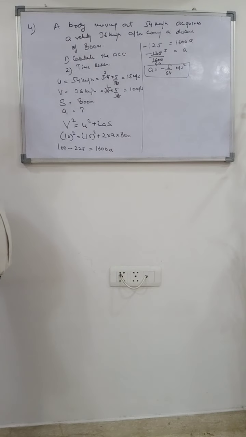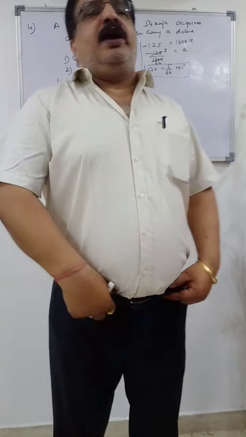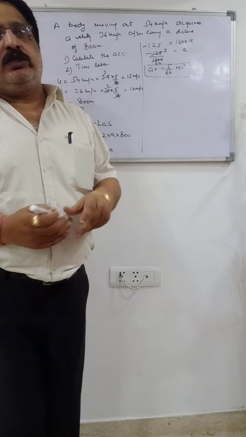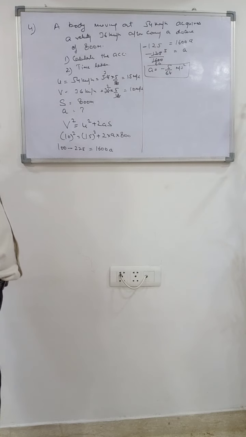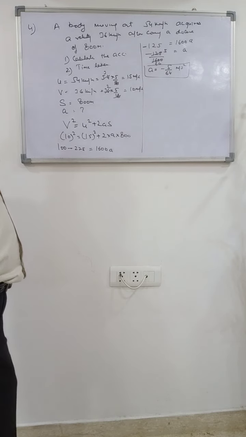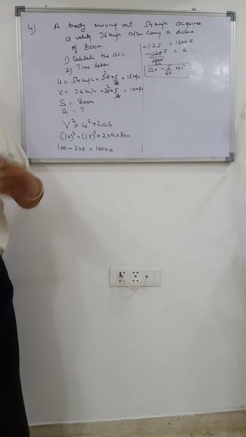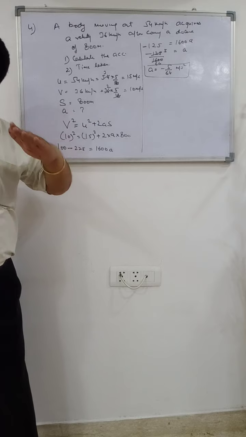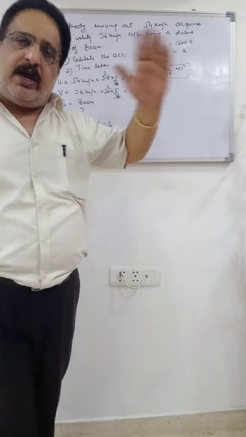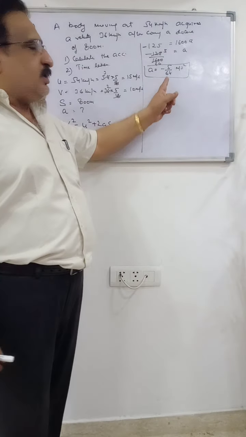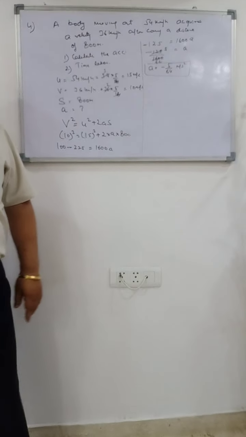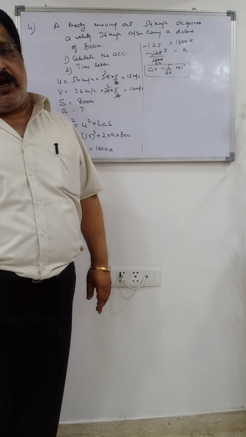Minus sign indicates that the acceleration is negative. That means the velocity of the body is decreasing with time. That means it is retarding. Ultimately ये body slow करते करते rest में आ जाएगी. That is why this acceleration is negative. Negative acceleration is called deceleration or retardation.